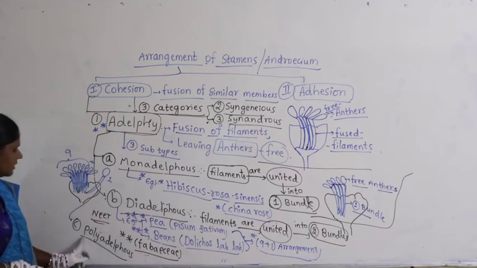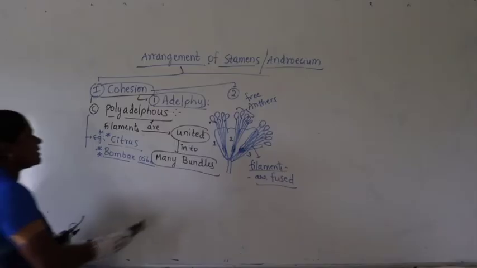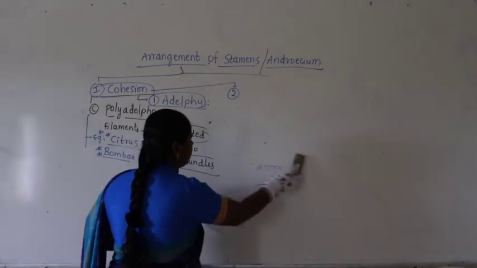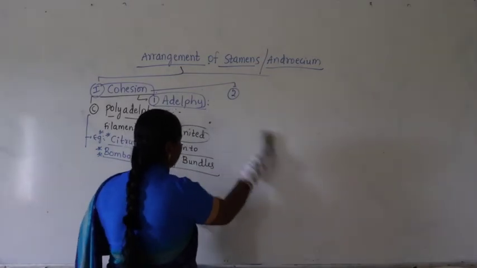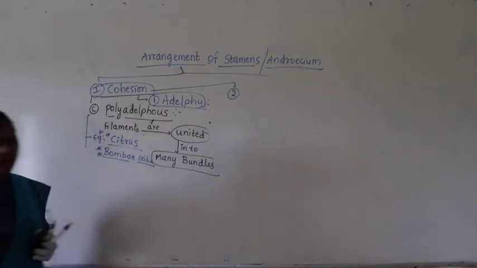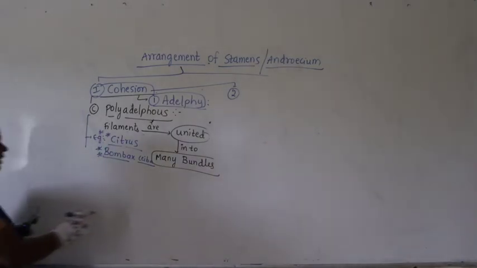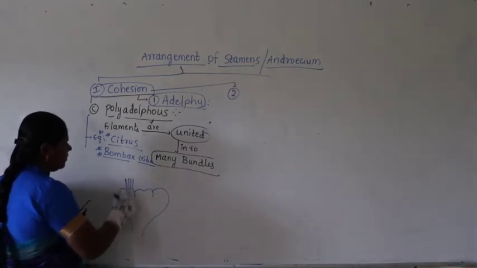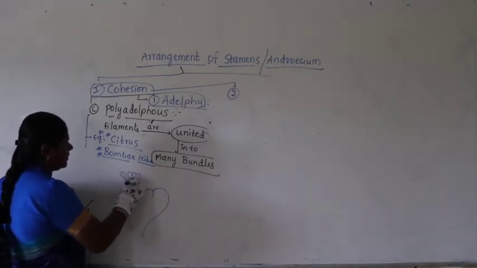So what is the third one? We have to continue our discussion. Polyadelphous. Guys, better I will draw the diagram down, just look at. So if you take, this is the flower, all joined together and form this.